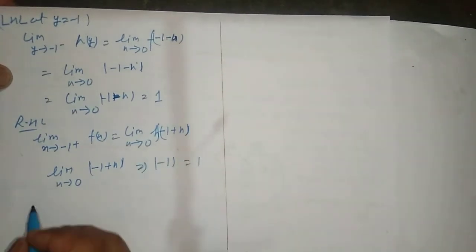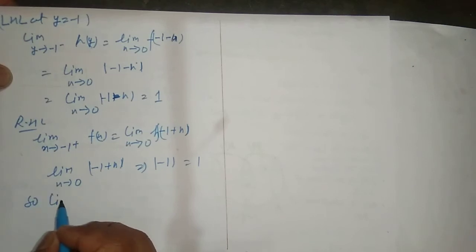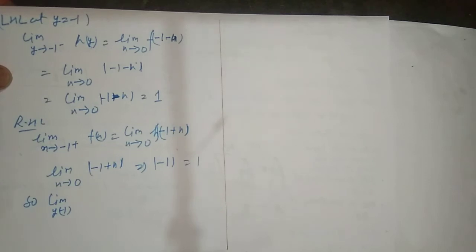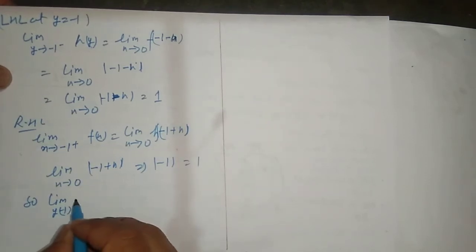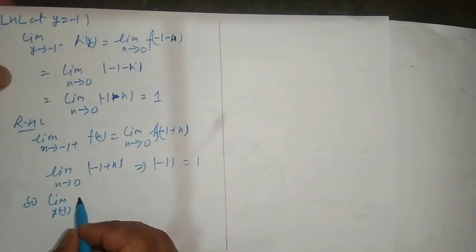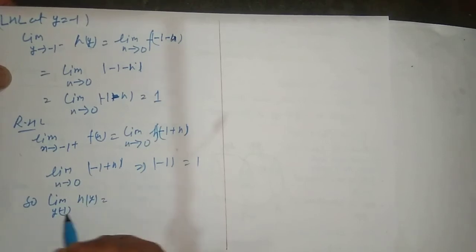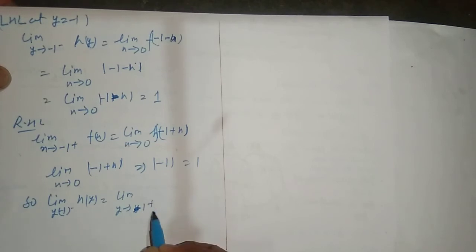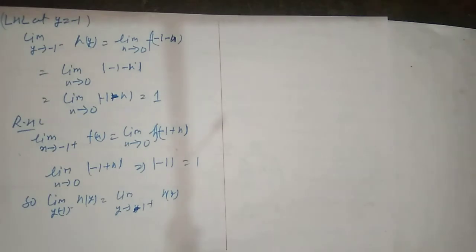Again we get 1. So the left hand limit and right hand limit of h(y) at y tends to -1 are both 1. Clear?